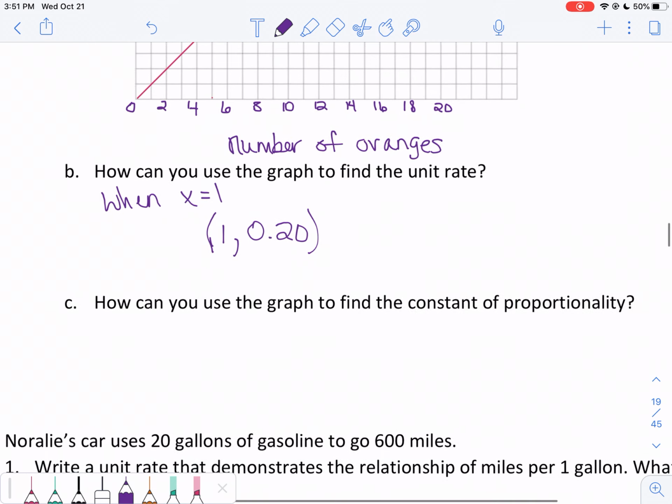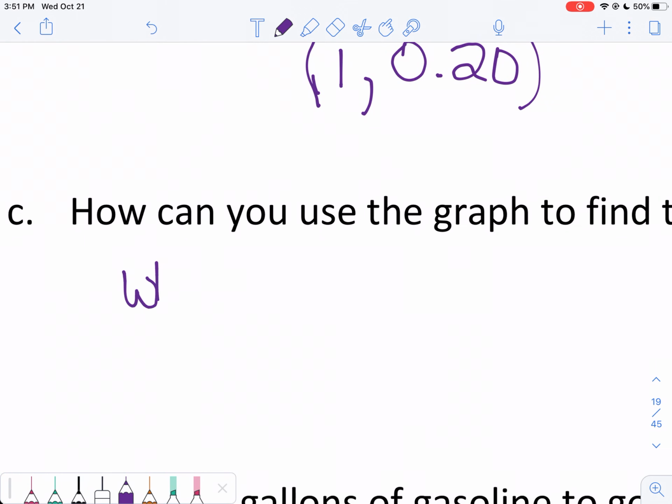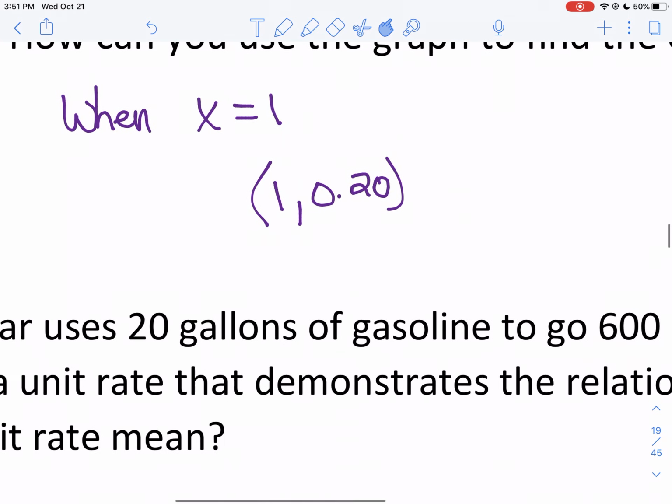How can you use the graph to find the constant of proportionality? Same thing, right? When x equals 1, y equals 0.2.